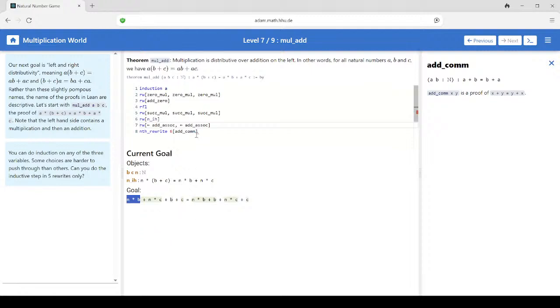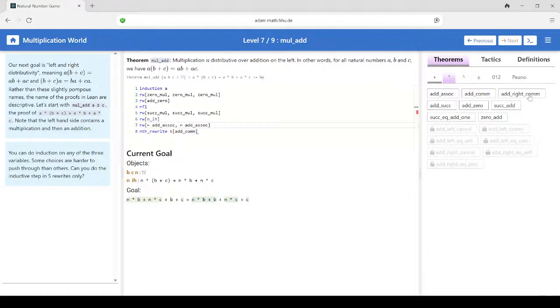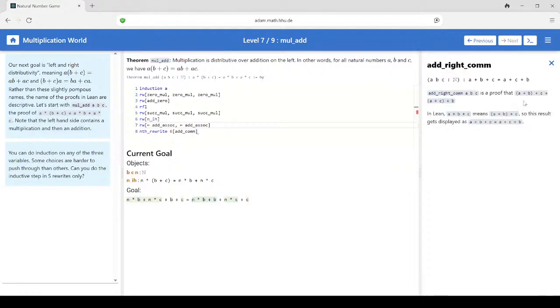But add commutative seems to only be able to... Is there anything else I can use? There's add right commutative. What does that do? Oh, wait, this might be what I'm looking for? Is the proof that a plus b, parentheses a plus b plus c equals parentheses a plus c plus b.